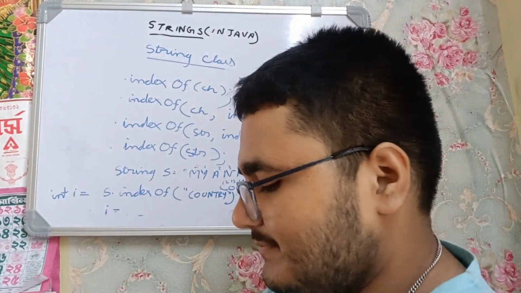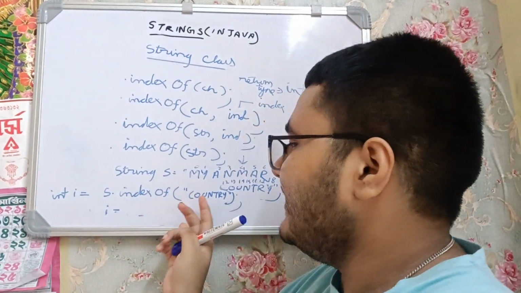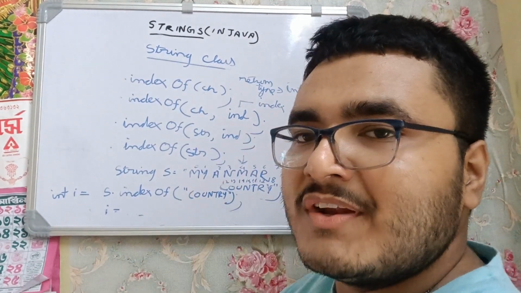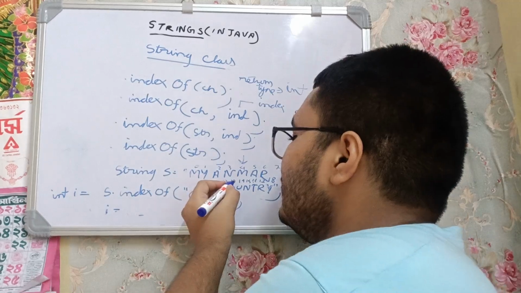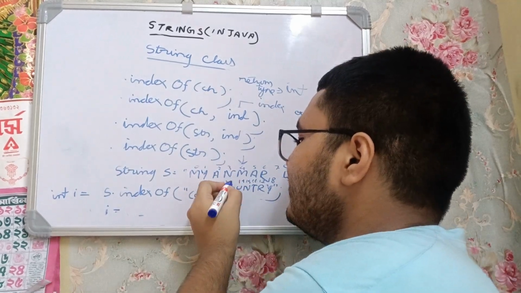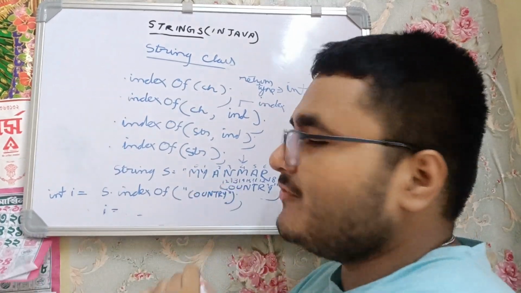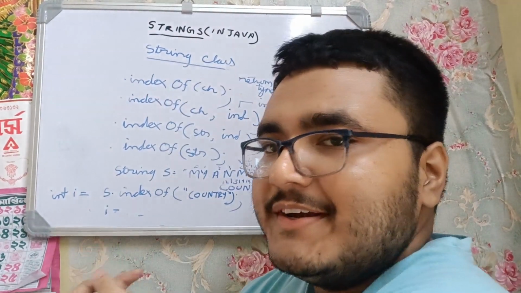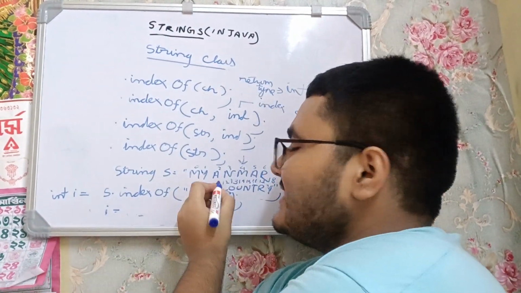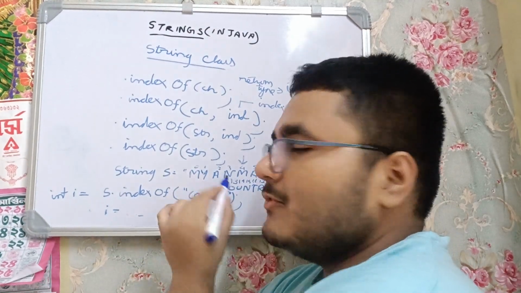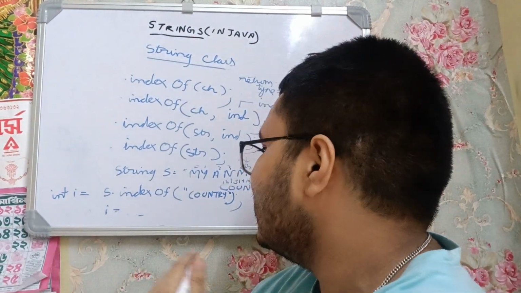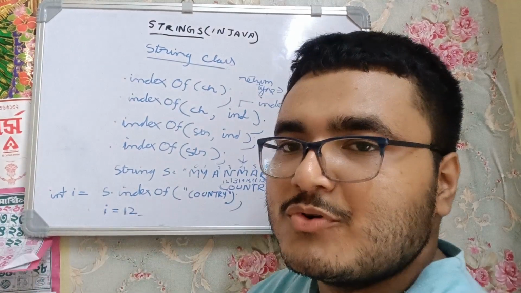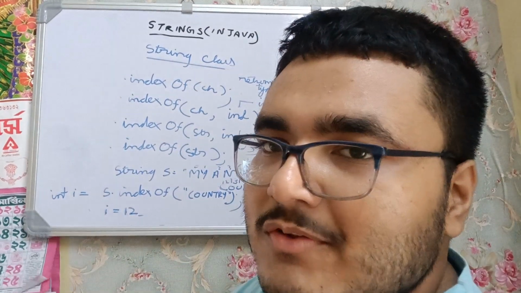Country is altogether a word, so which index should it throw up? 12, 13, 14, 15 are all under country. It will give you in return the index of the first character of that particular word. So it will give you 12 as your output. The value of i will be 12.